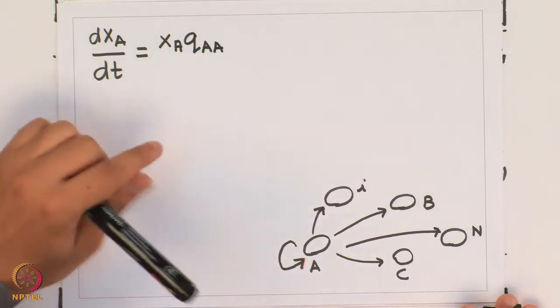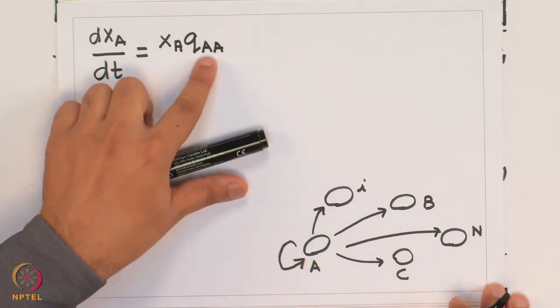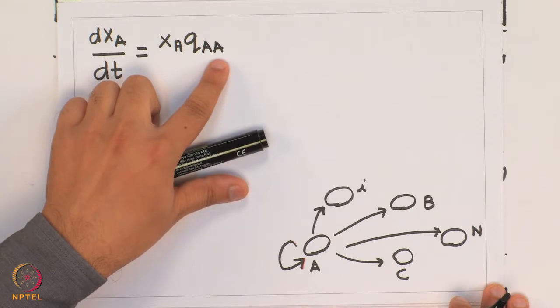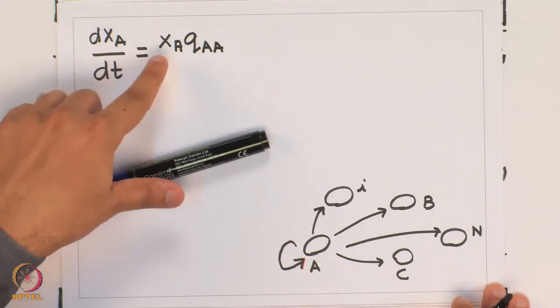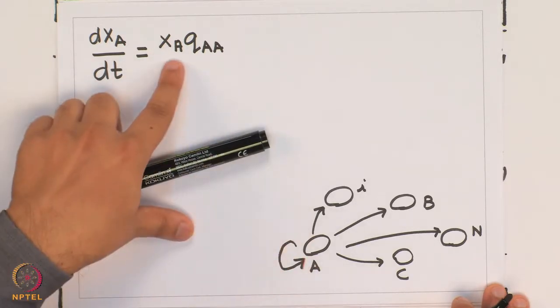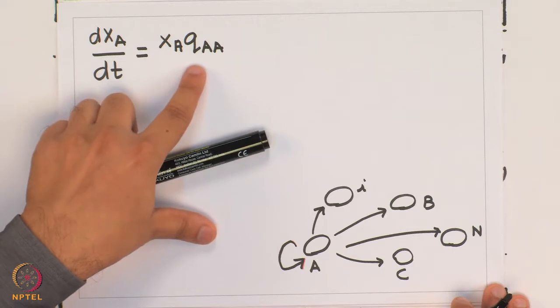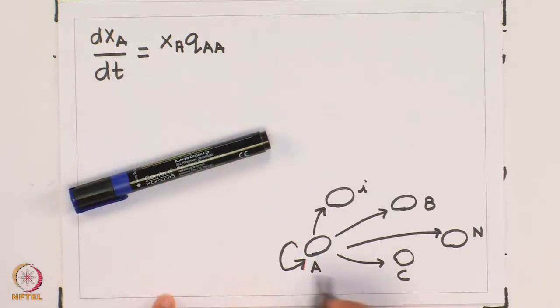It's important you realize this, that QAA is the probability that when A divides, the progeny is of genotype A, and XA is the fraction of individuals which belong to genotype A at that particular instant. So XAQAA represents what fraction of progenies that are being produced are incoming as defined by this particular node.